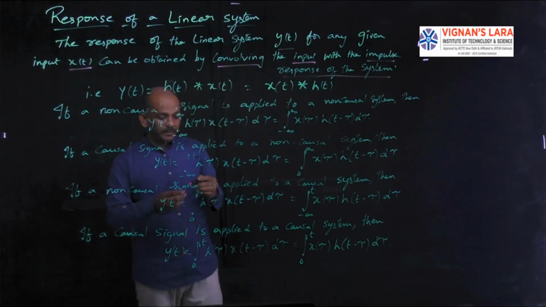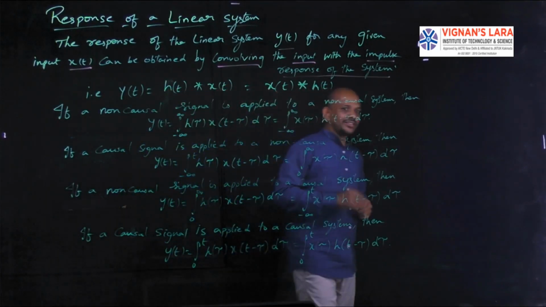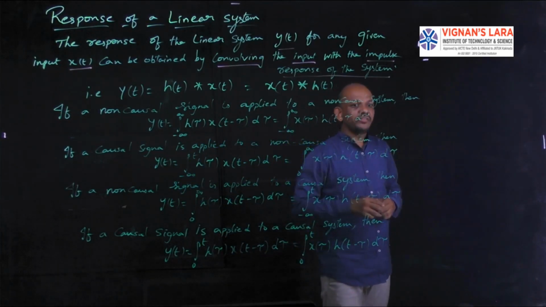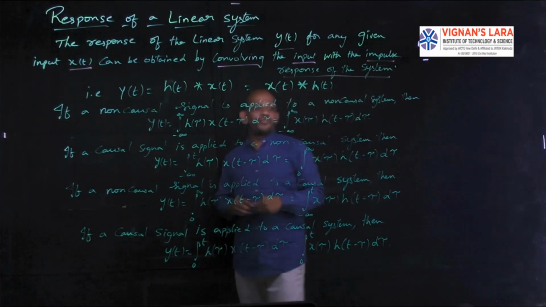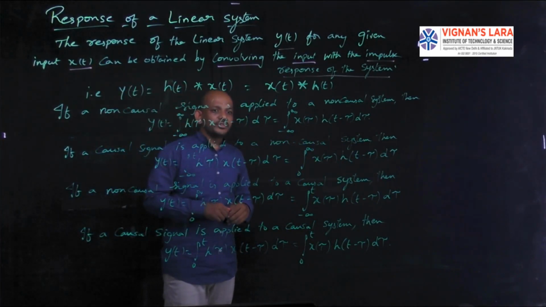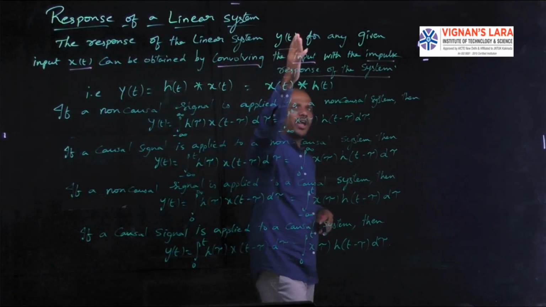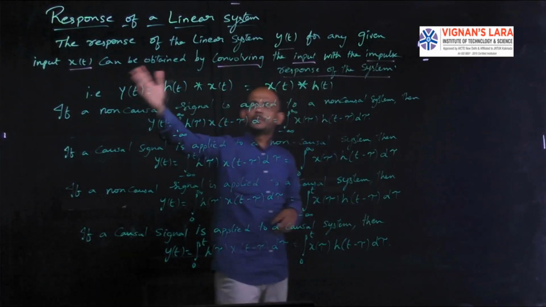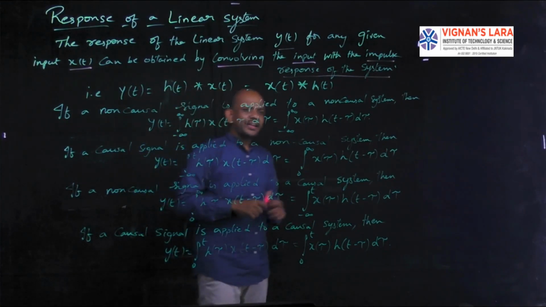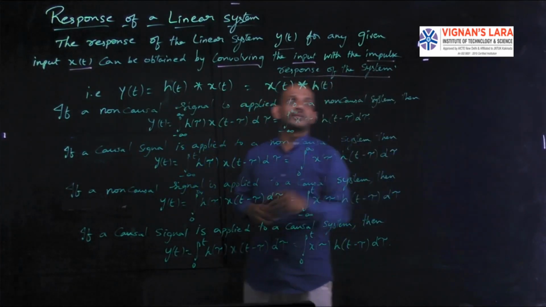I already told you that the impulse response plays a major role in understanding the behavior of the system. So the output of the linear system y of t for any given input x of t can be obtained simply by convolving the input with the impulse response of the system.